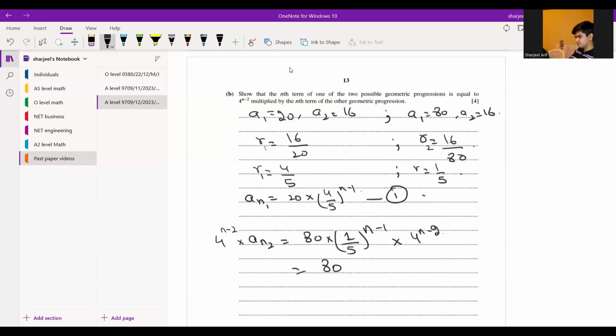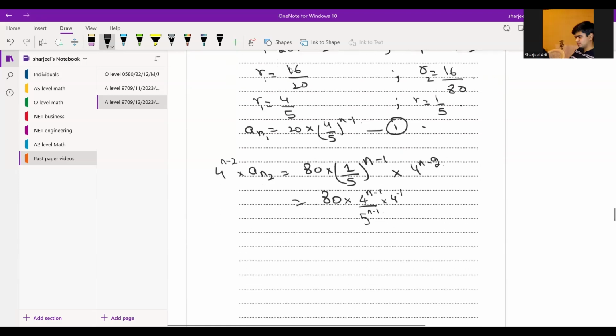So this will become 40 into 4^(n-1) into 4^(-1) divided by 5^(n-1). So we can rewrite it in this form, 80 into (4/5)^(n-1) into 1/4.